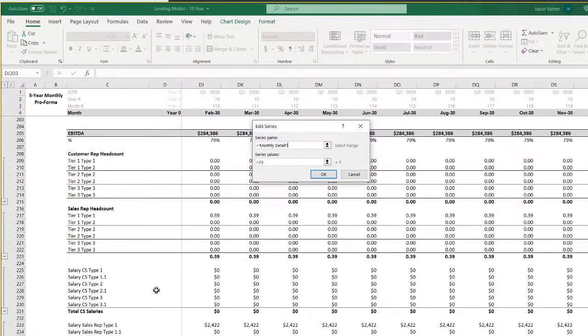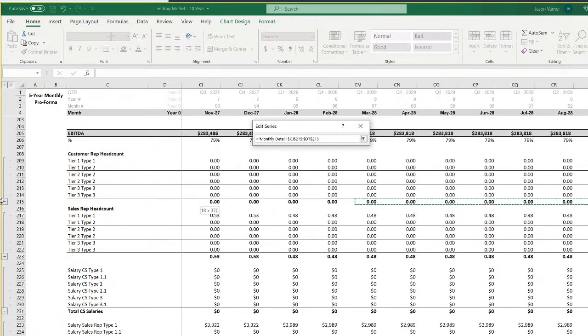So, customer service, we have 6 different types. Oh, for each tier. And then that's the total. So let's do customer rep head count, and that's going to be this.